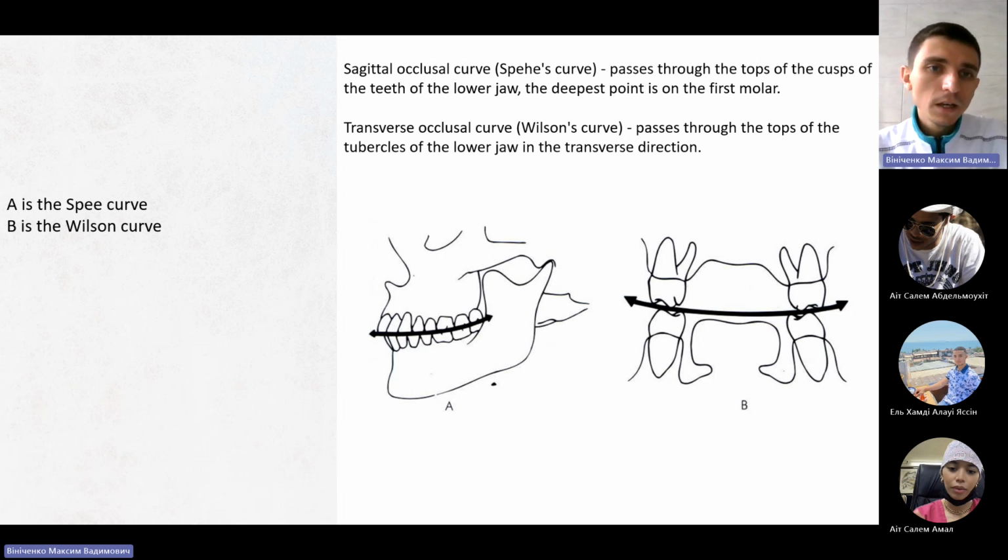It can be a plus torque, so the curve would be deeper, or a minus torque, and it would be not so deep, even flat. So it is all called the curve of Wilson, but it has different variations. We remember that this is the curve of Spee and this is the curve of Wilson.